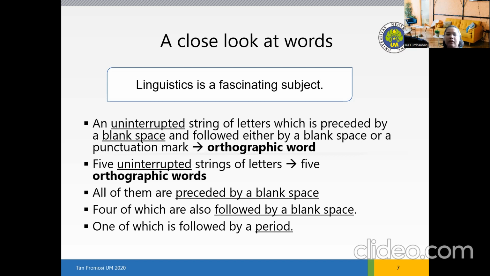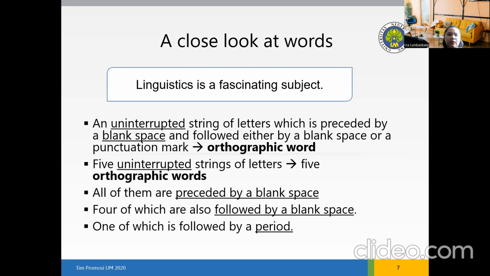If you see the sentence here, Linguistics is a fascinating subject, we have five strings of letters: linguistics, is, a, fascinating, and subject. All of them are preceded by a blank space. Before is, you have a blank space; before a, there's a blank space; and then before fascinating and also subject.